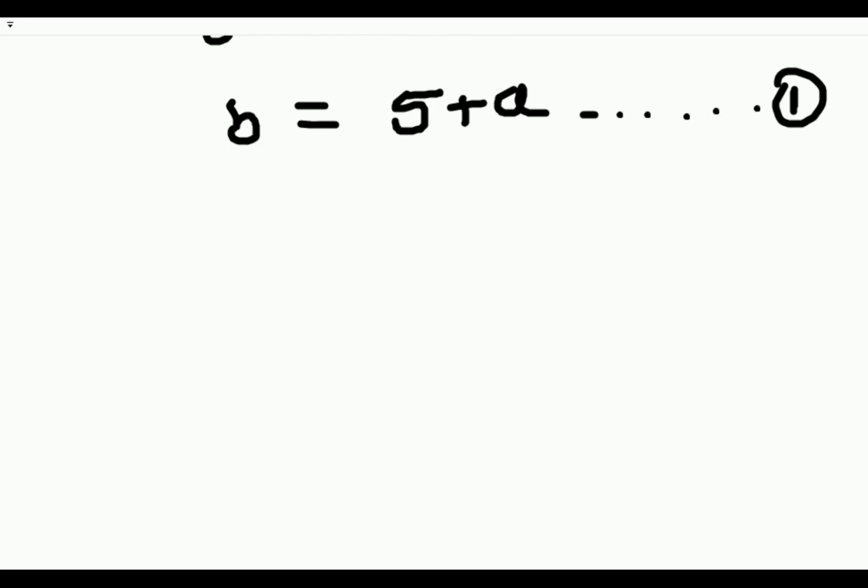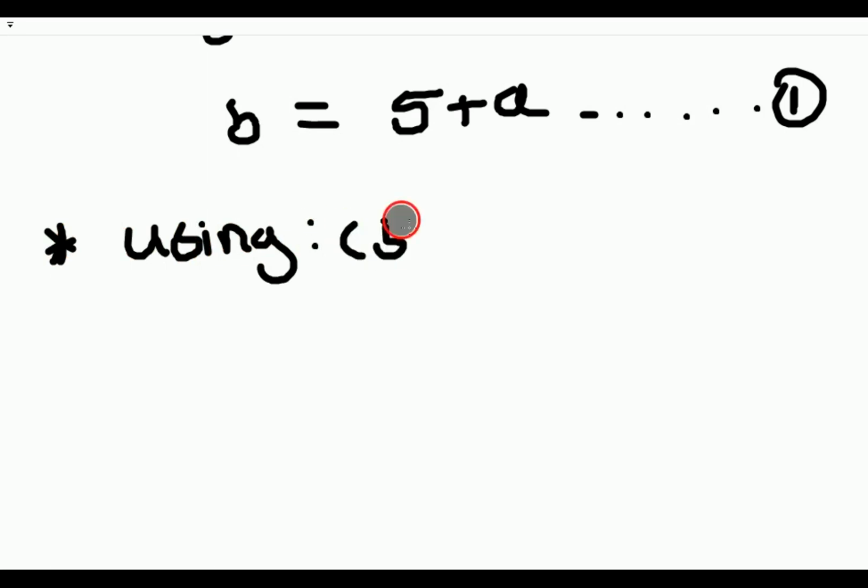Then from here we are going to use the second coordinates that we were given, which is (5, -8). So again you're going to say, using (5, -8), we get minus 8.